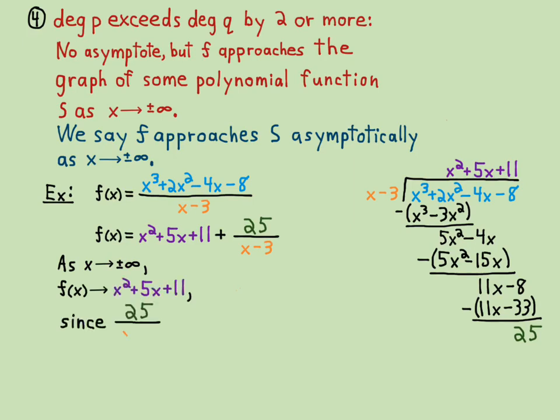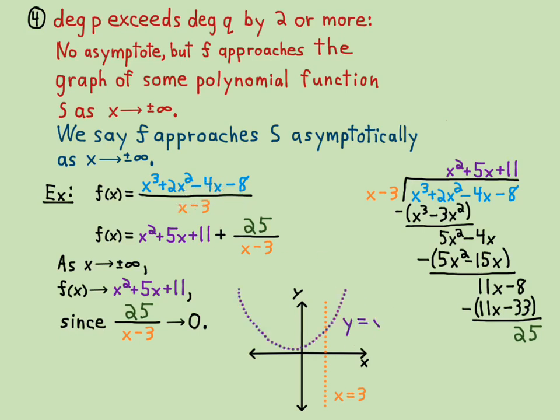And that means, if I graph that polynomial, y equals x squared plus 5x plus 11. Well, first, of course, the x minus 3 gives you a vertical asymptote of x equals 3. So I graph that first. Then I graph y equals x squared plus 5x plus 11.